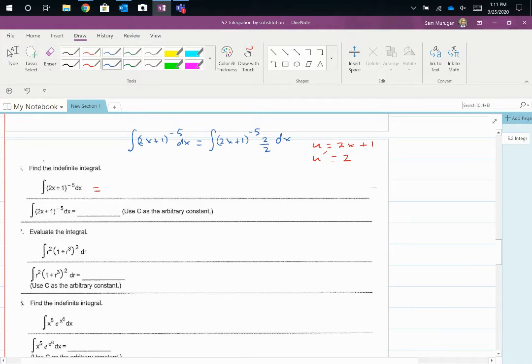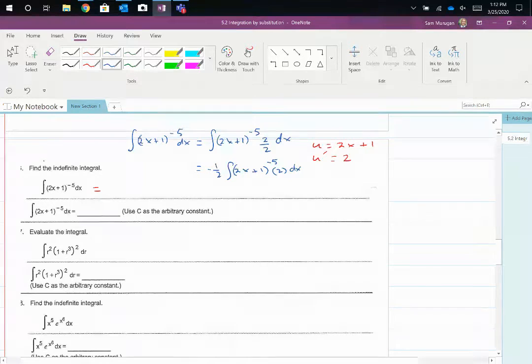Then what we need to do here is bring the denominator 2 outside. So this is half, 2x plus 1 to the power negative 5, times 2 dx.